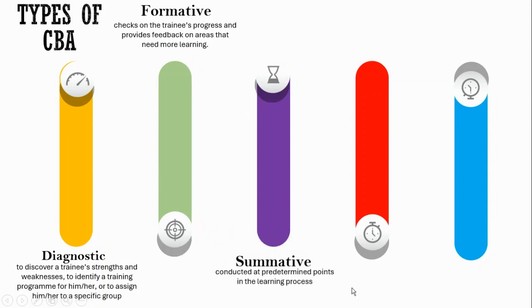The other one is summative assessment, and usually these are assessments that are conducted at predetermined points in the learning process, sometimes called the end of term examination or end of module examination.